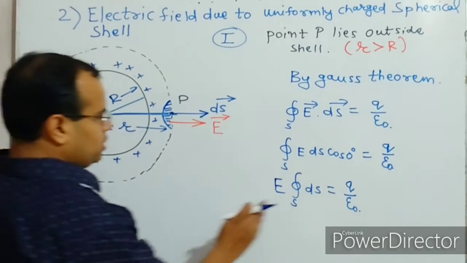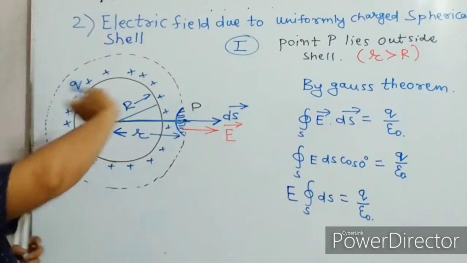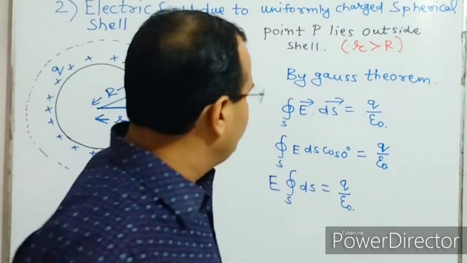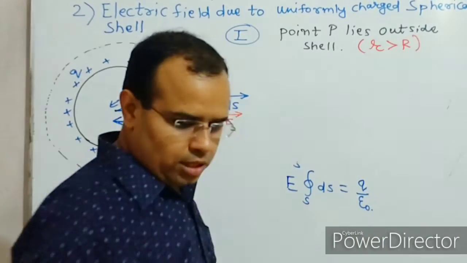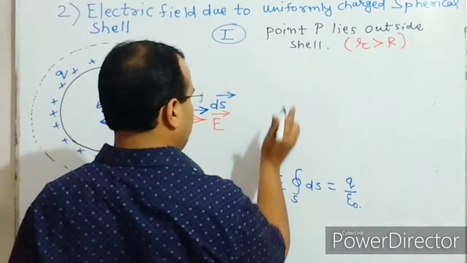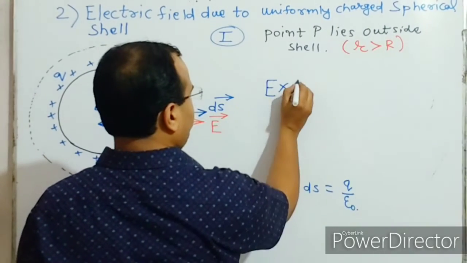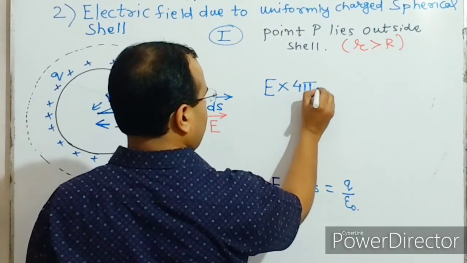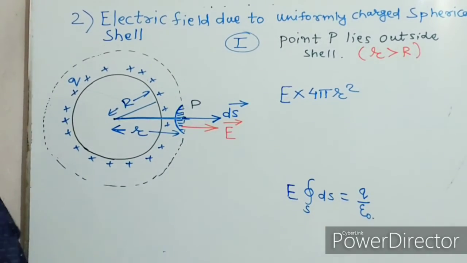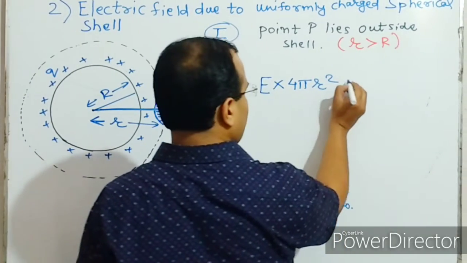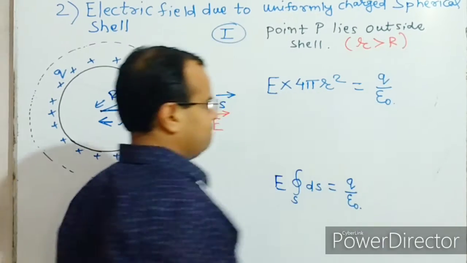Now you can see here that closed surface integral ds will give you the area of this spherical surface. So we can write it like this: E into 4 pi r square, because the surface area of a sphere is 4 pi r square, and it is equal to q upon epsilon naught.